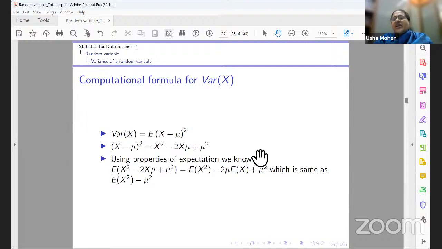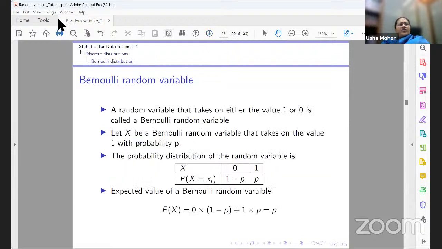But if you take the expectation of x whole square, that would be fine too. This is a computational formula. You can check that it would come out the same, whichever you use.